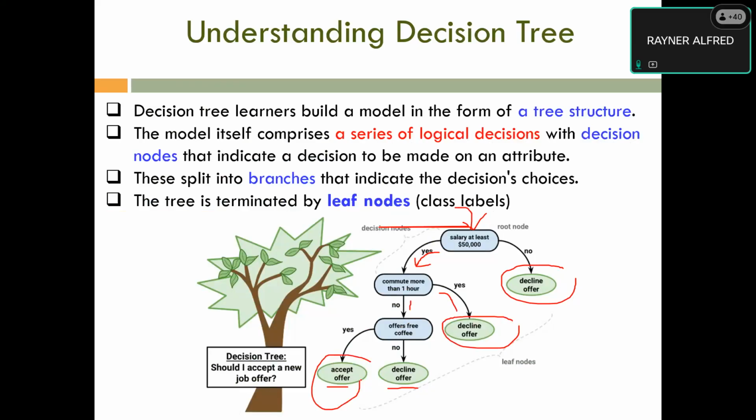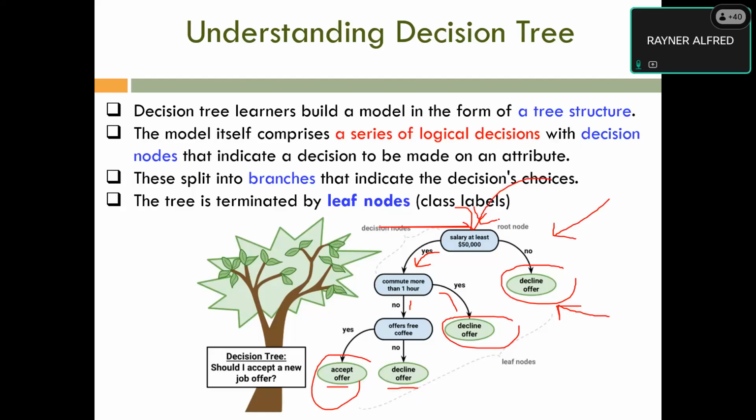So during the modeling for this decision tree, it will construct the tree for us. Okay. So the leaf of the tree will be the label, and the root of the tree would be the first feature that we use to test.